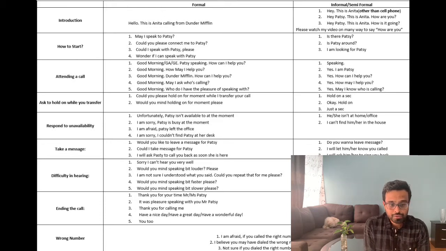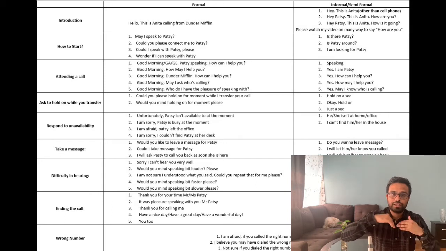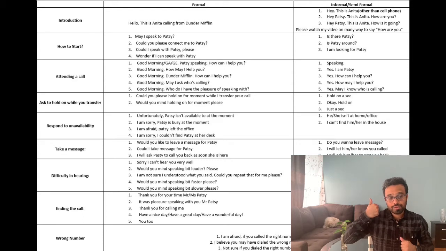Okay, now the first is the formal way, and then informal. I'm going to go category wise, that is, introduction. So when you make a phone call, first you say, "Hello, this is Anita calling from Dunder Mifflin." Okay, so what does it mean? Anita is the name of the person. As I mentioned, Anita is the caller and she's calling from Dunder Mifflin.